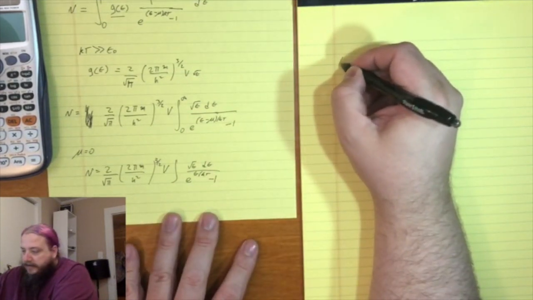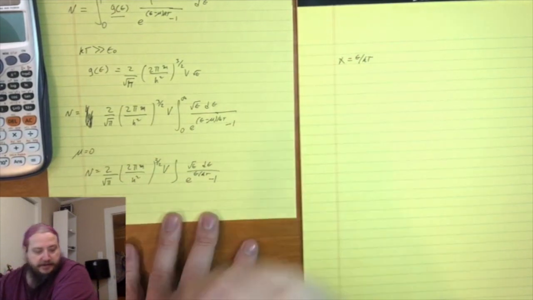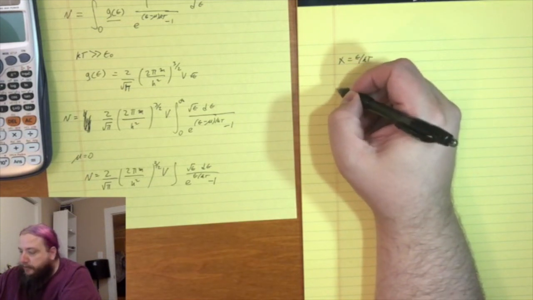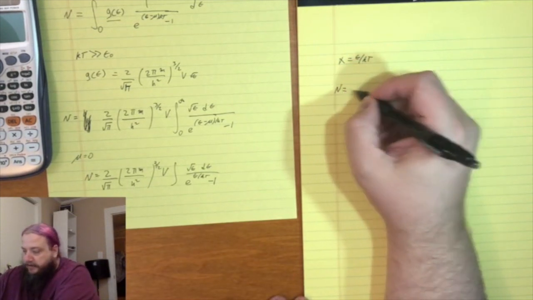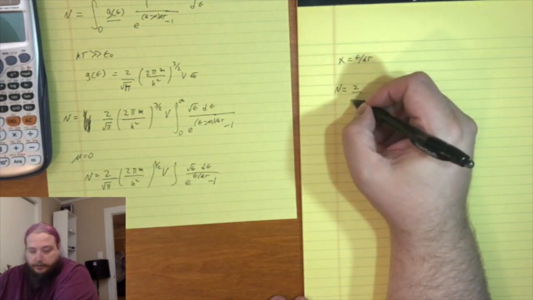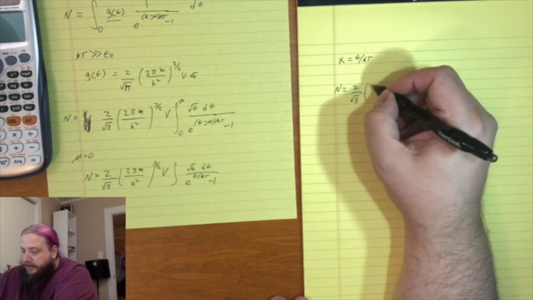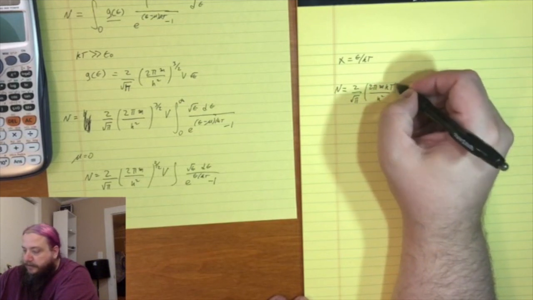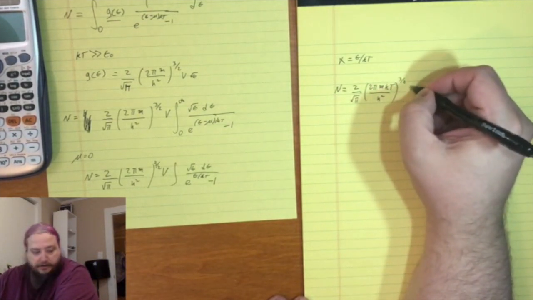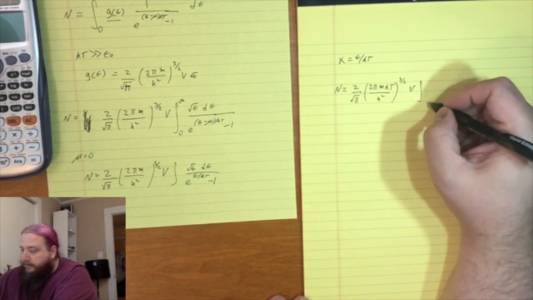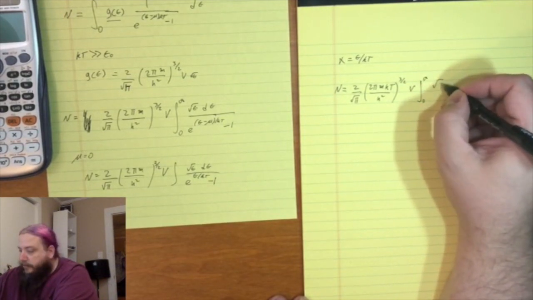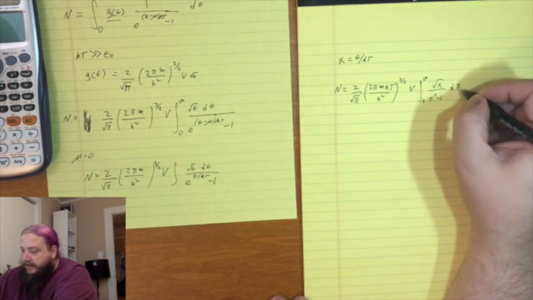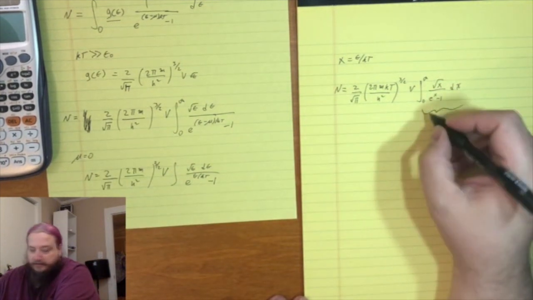So we set x equal to energy over kT. And that gives us a new version of this equation, 2 over the square root of pi, now 2 pi m kT over h squared to the 3/2 times the volume, and now we're integrating from 0 to infinity square root of x over e to the x minus 1 dx.